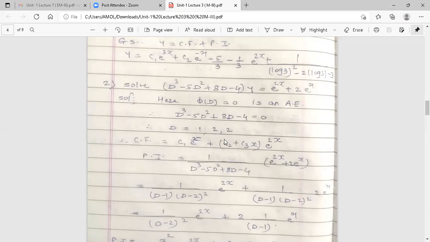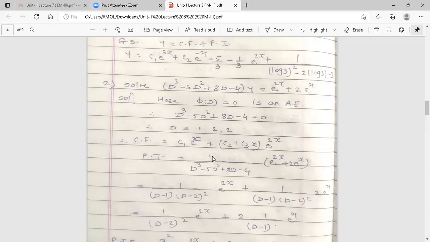So we have already written the formula for the complementary function. When 2 roots are equal, then how to write the complementary function? So here we are using that same formula. So this is the complementary function for this given example.